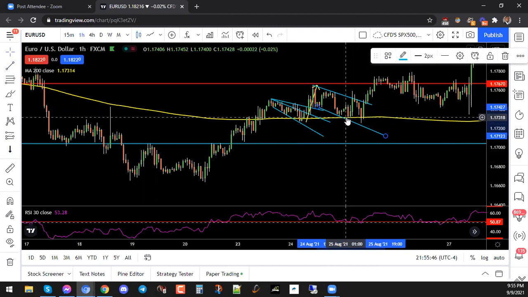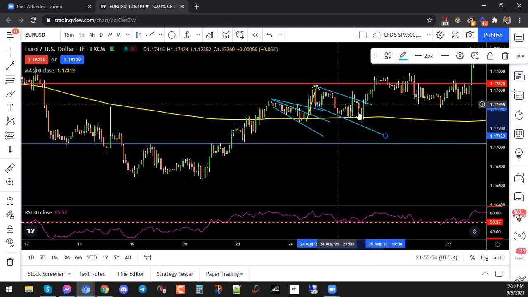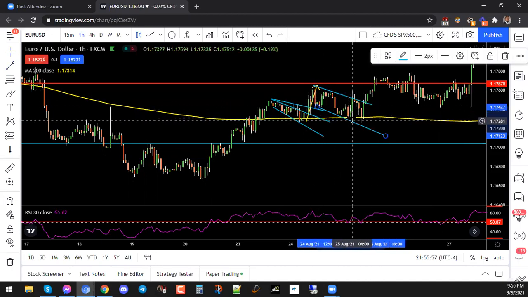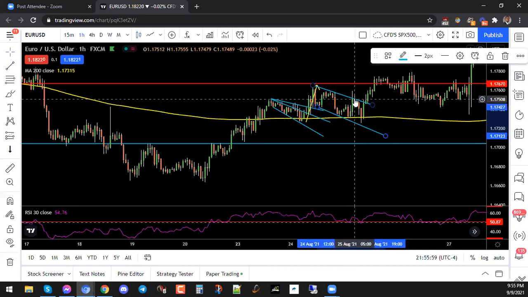That's another reason for me to look to exit. Closes back above it, so it's rejecting, so I'd exit. This is my pattern formation. It's a bullish pattern. If I went long, as you can see, price hits the upper trend line, it closes back inside. That I could use as a signal to get out of the trade as well.